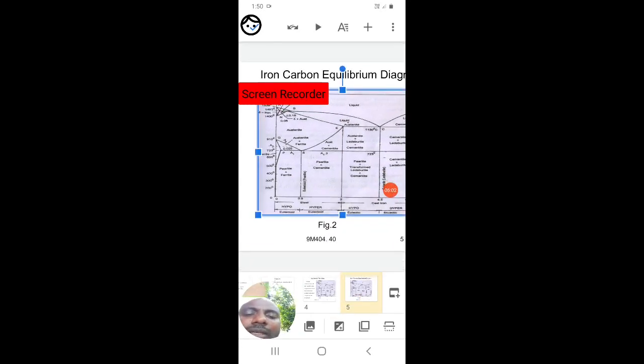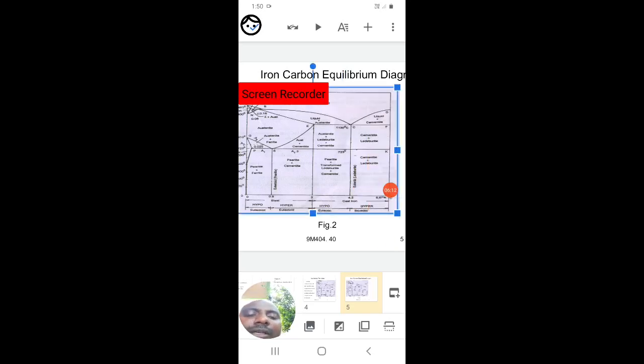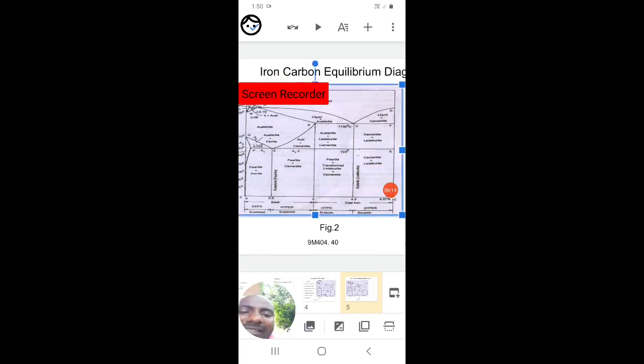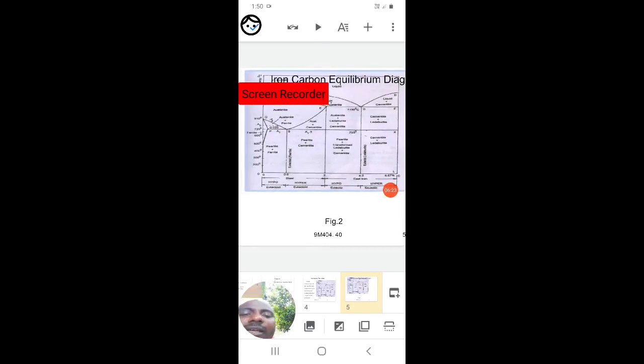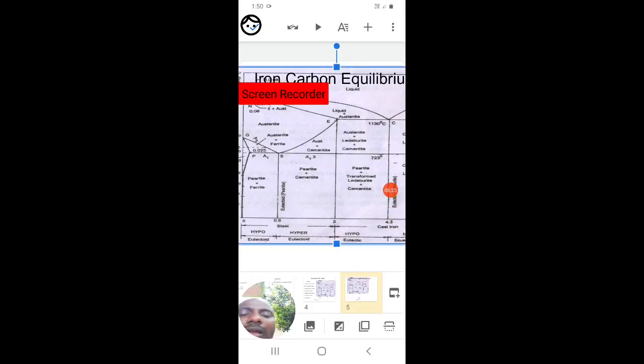A13 is the lower critical temperature line for hypereutectoid steels, that is the SK line. SC is the ACM, the upper critical temperature line for hypereutectoid steels.